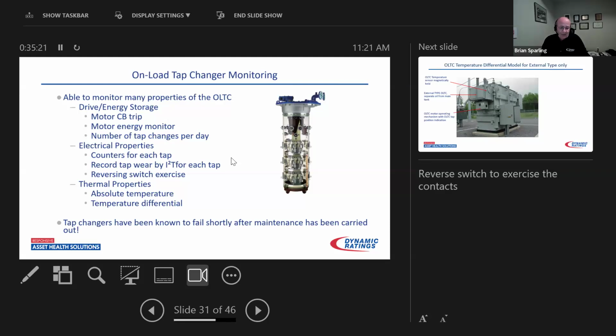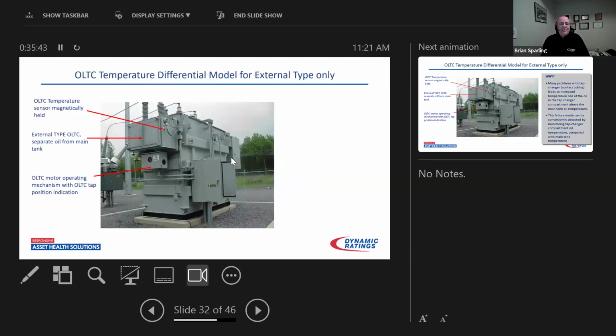One thing that has been noticed in some of the failure statistics from Seagray is that tap changers have been known to fail shortly after maintenance has been carried out. So that's why testing with the vibroacoustic, as was mentioned before, is a good idea after it's been maintained, to make certain you didn't introduce another problem into the repair.